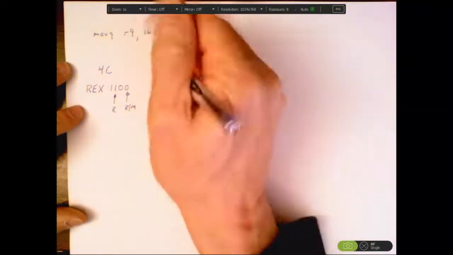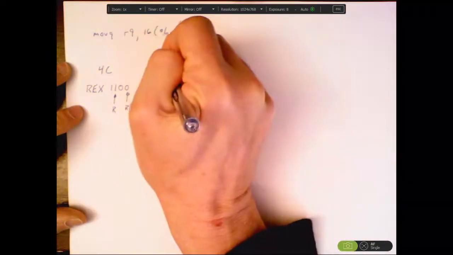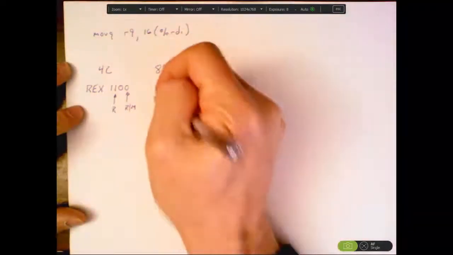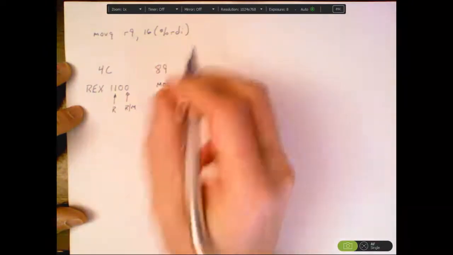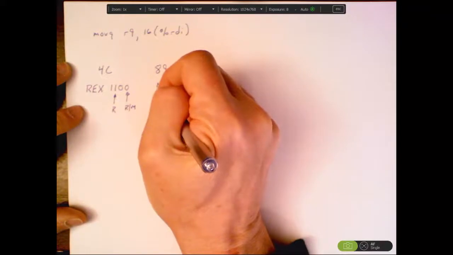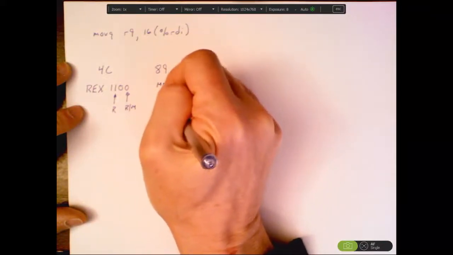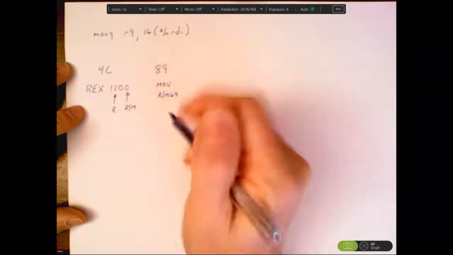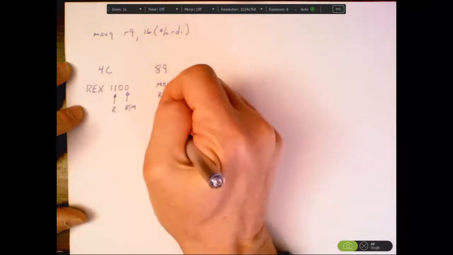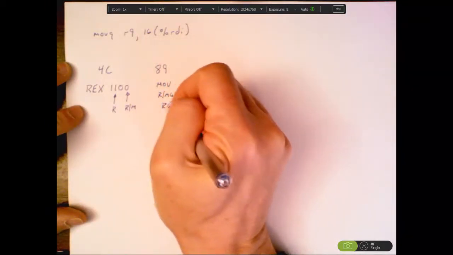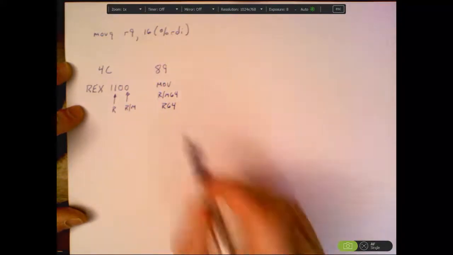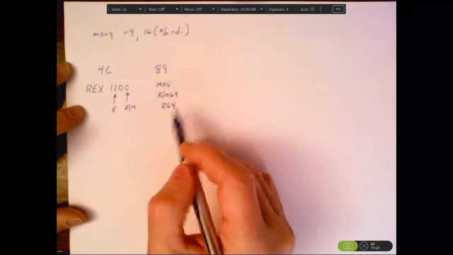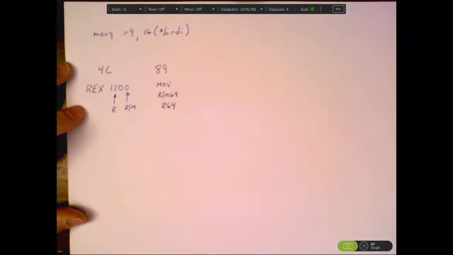Okay. The opcode we want is 89, which is a move instruction. It takes a register memory 64-bit operand and a register 64-bit operand, and if you look at the description, it moves from the register to the memory operand.